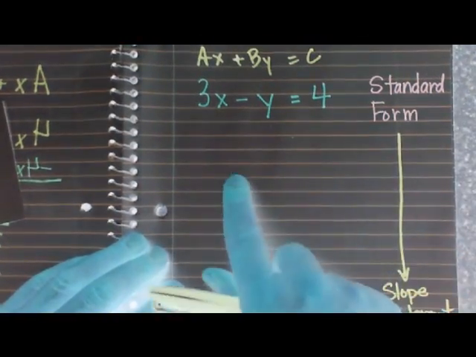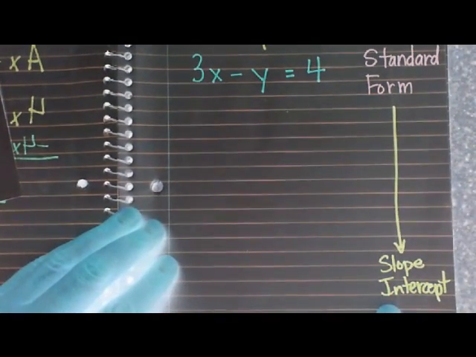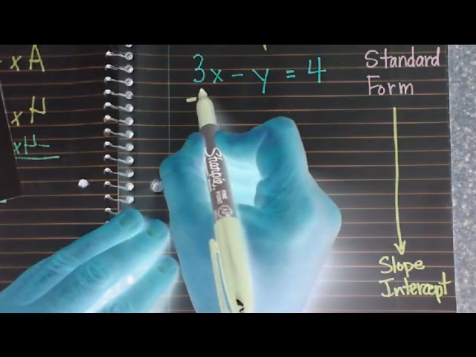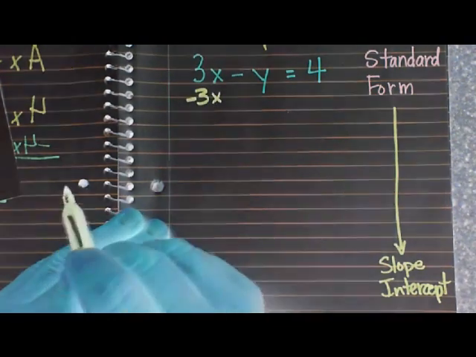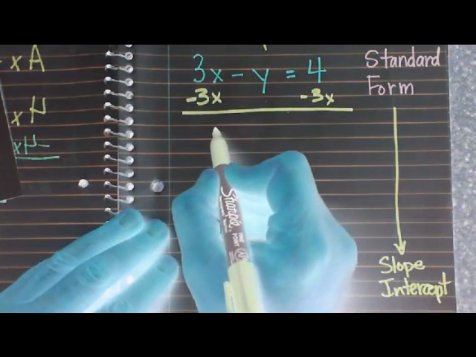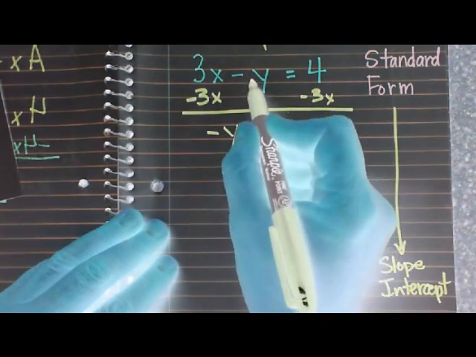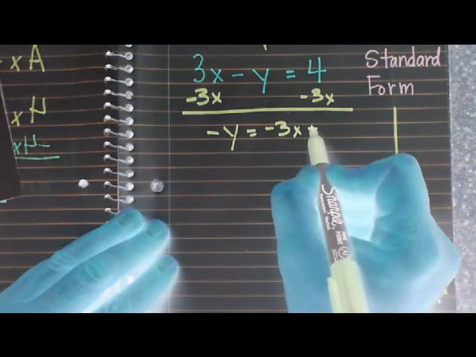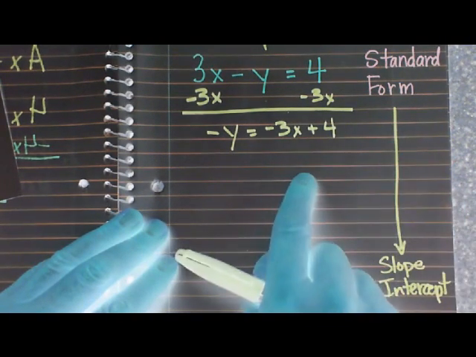We want to convert this standard equation to a slope-intercept equation. So the first thing we'll do is subtract 3x from both sides. Negative y comes down. Negative 3x plus 4 is left.